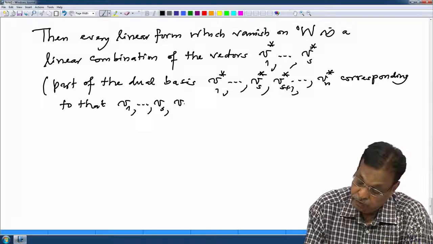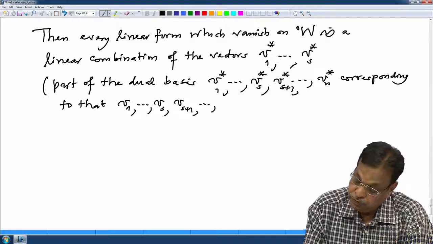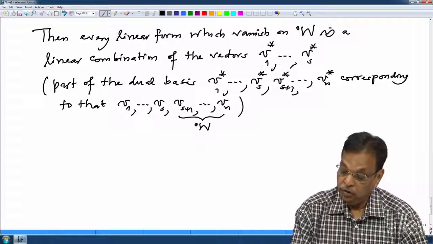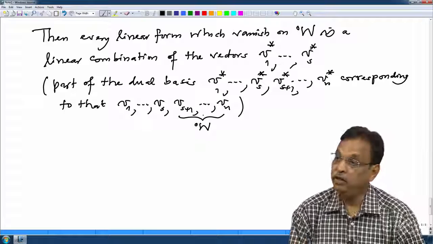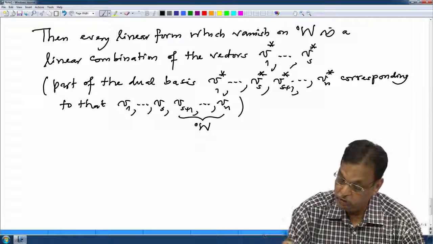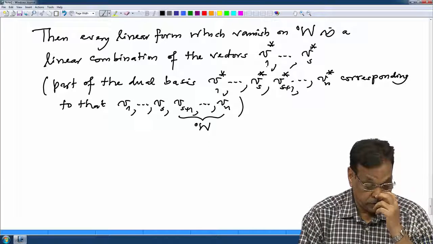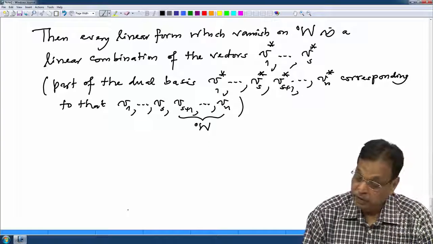Vs plus 1 to Vn is the basis of left circle W, and therefore those stars will vanish obviously there. Any linear form which vanishes on left circle W will therefore have coefficients only from the first s coordinate functions.